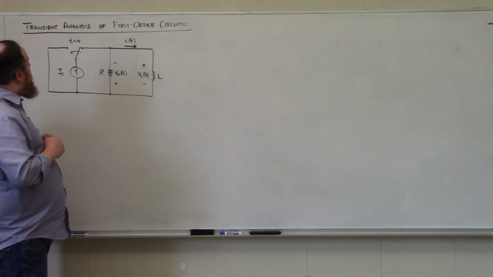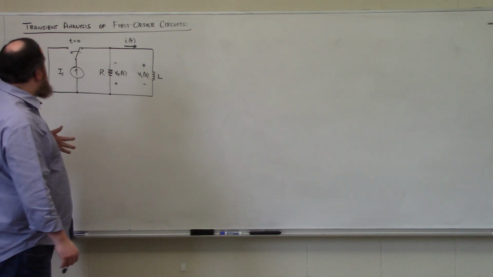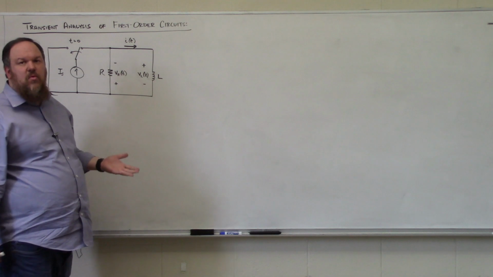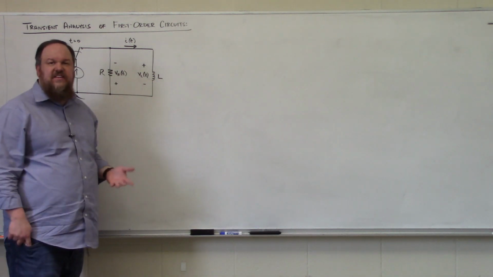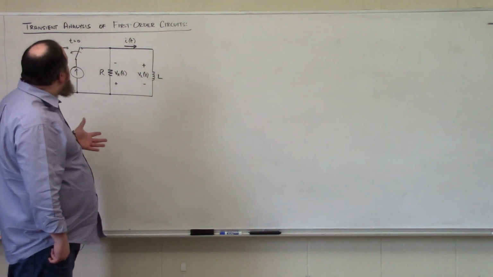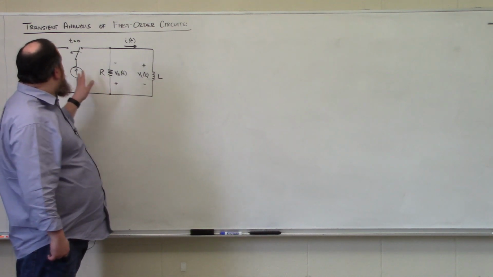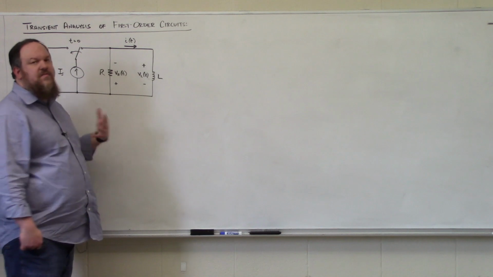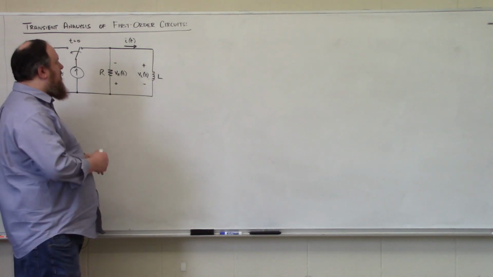At t equals 0 minus and before, our inductor is behaving as if it were a short circuit. That is its DC steady state equivalent. So it should be easy to see that there will be a current of IS flowing through the inductor L for all t less than 0 minus.